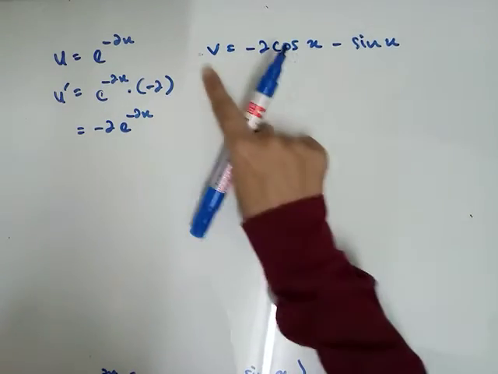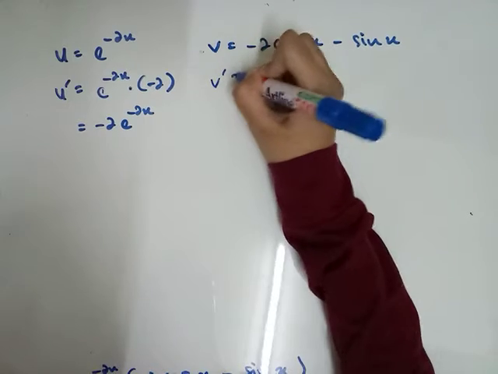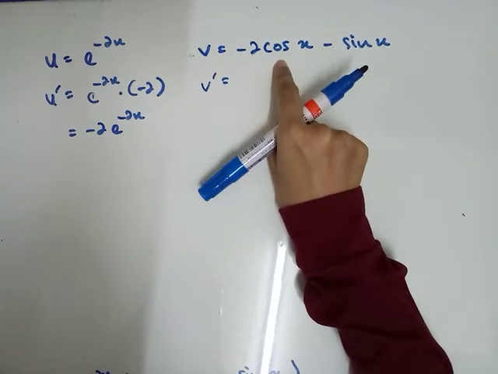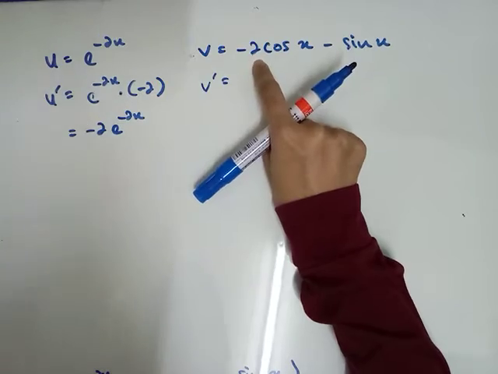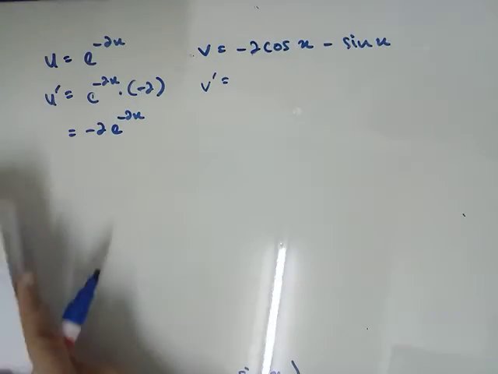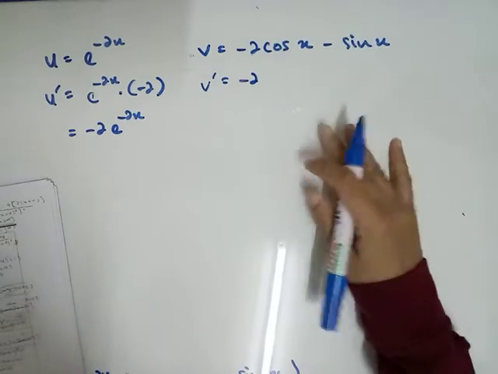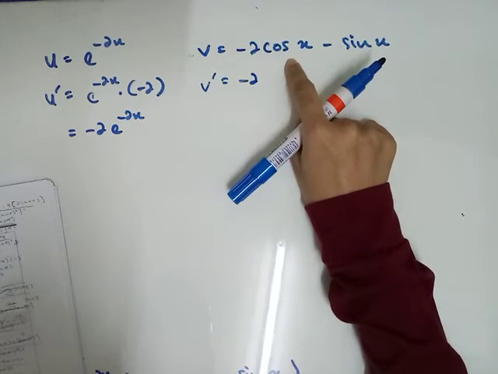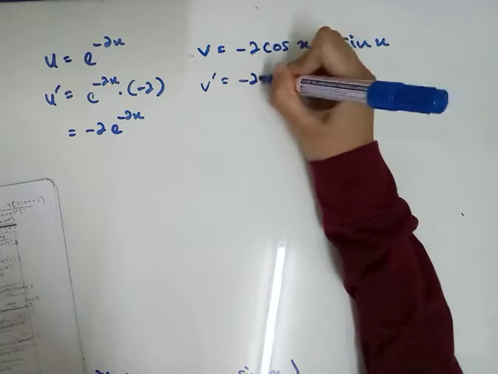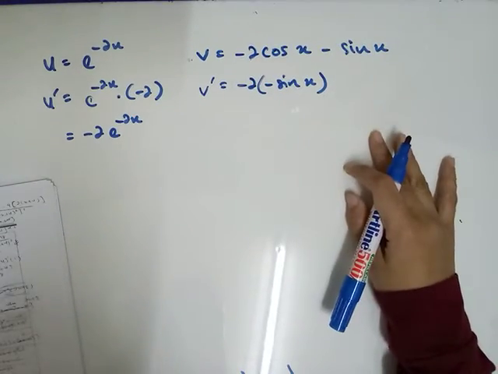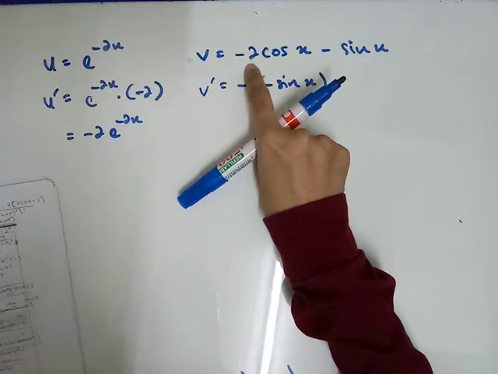Then differentiate v, v prime. So negative 2 cos x. Negative 2 is a constant, it stays. So differentiate cos x, you get negative sin x. Negative 2 is constant, so no need to differentiate.